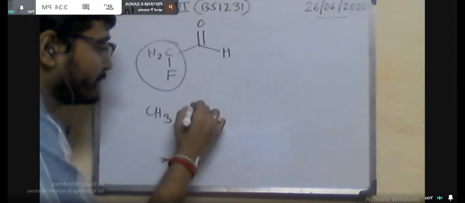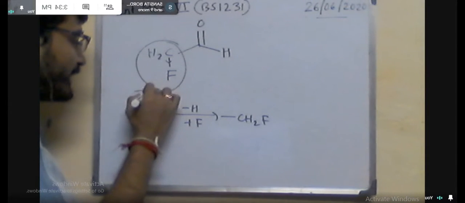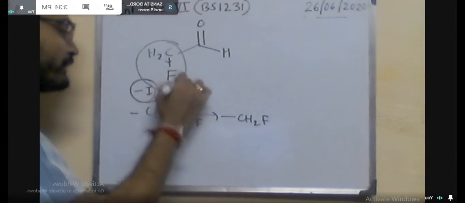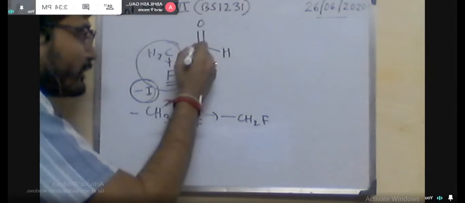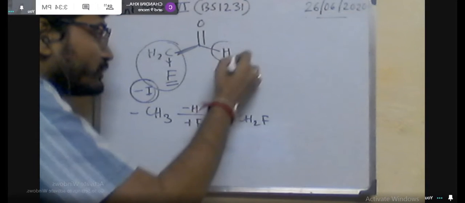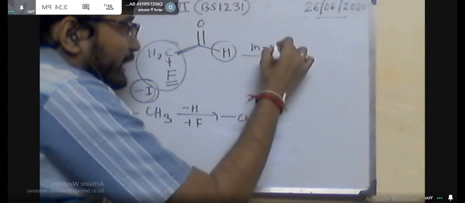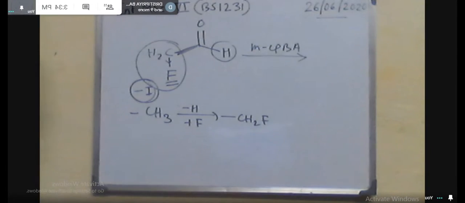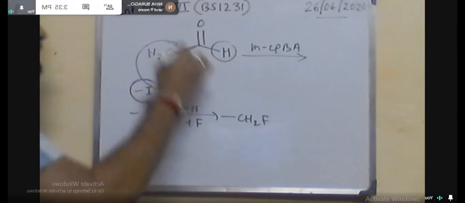So if we perform the Baeyer-Villiger oxidation, though it is the substituted methyl, instead of getting this product we will get CH2 double bond OH. That means this hydrogen will be migrated. Okay. So here the factor, that means the electronegativity or the electron deficiency, is important.